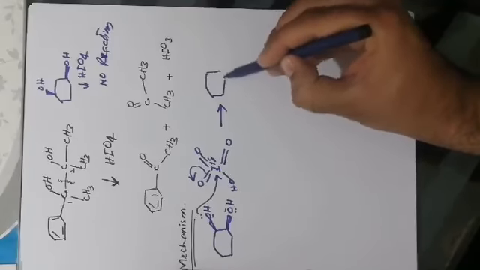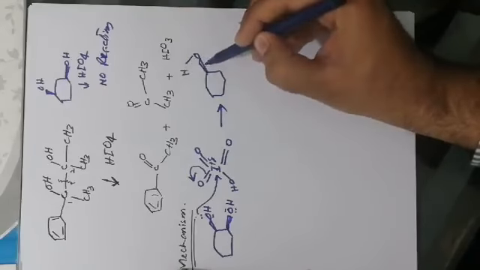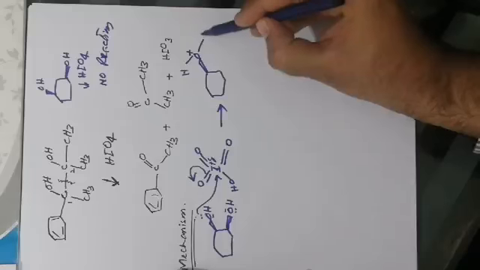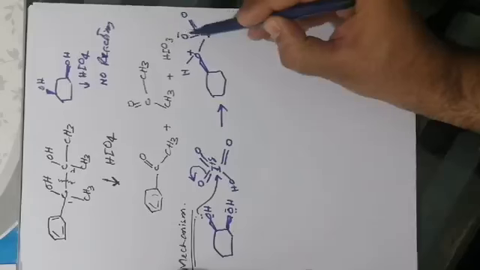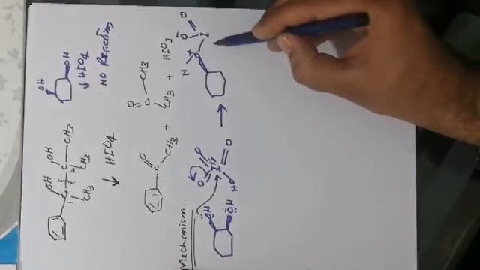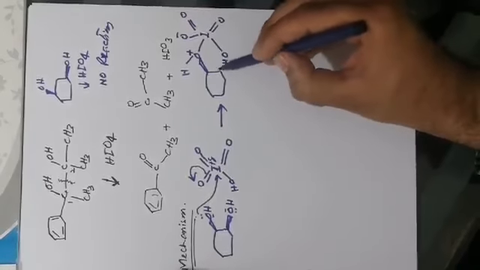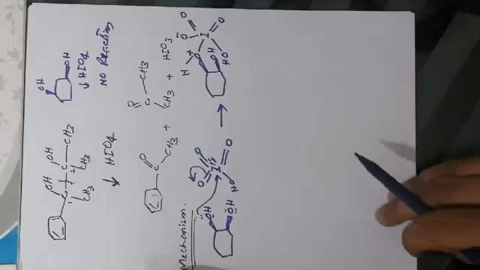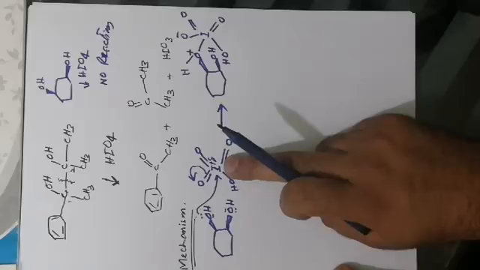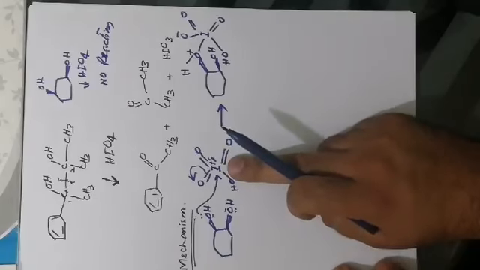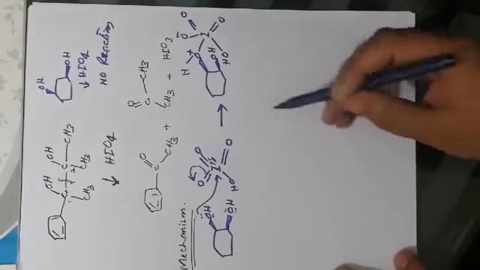So we get first a positive charge here, and a negative charge on this oxygen, which is here. You see what happens? The oxygen attacks on this iodine, which is electron deficient. This bond moves over the oxygen. Now oxygen is getting a negative charge.